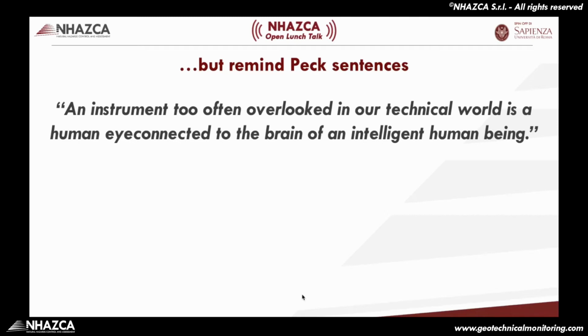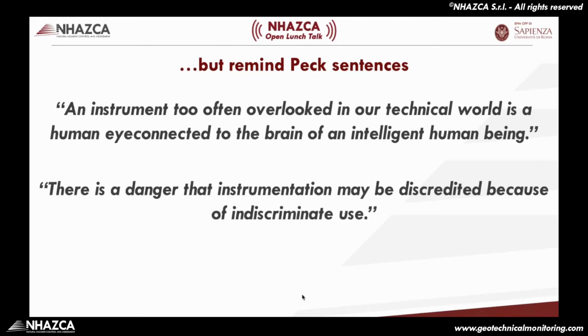So that means don't just trust on tools. Tools are tools, but you need a human mind behind. And there is a danger that instrumentation may be discredited because of indiscriminate use. Putting instrument everywhere, independently from the need, is not the right way to do.